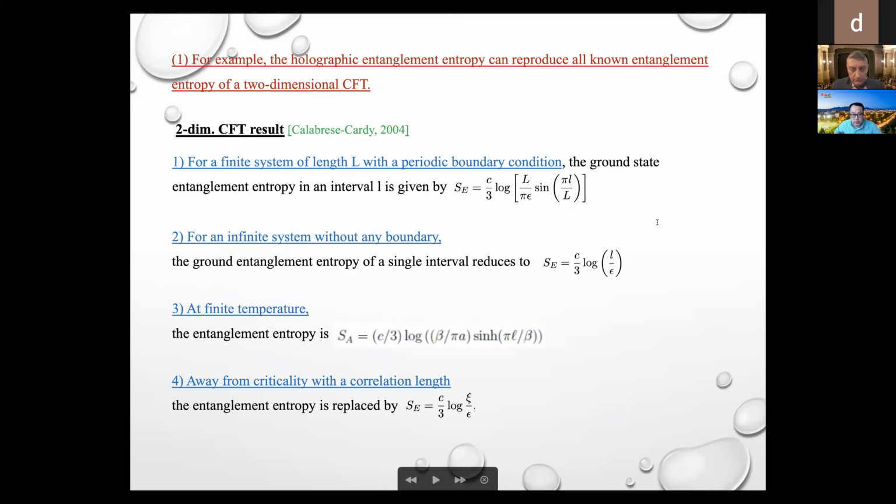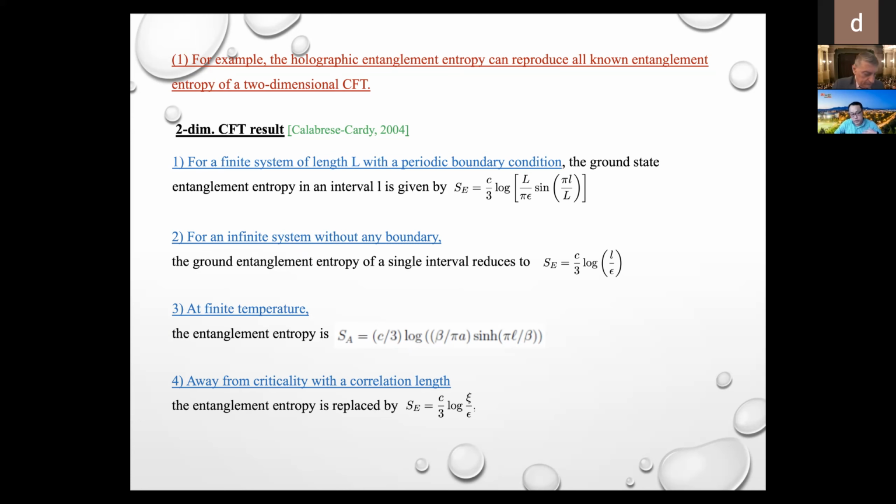Then, following the Ryu-Takayanagi formula, this result can be exactly reproduced from the holographic setup. In that sense, the Ryu-Takayanagi formula is very successful in the two-dimensional case, or the three-dimensional gravity theory case.